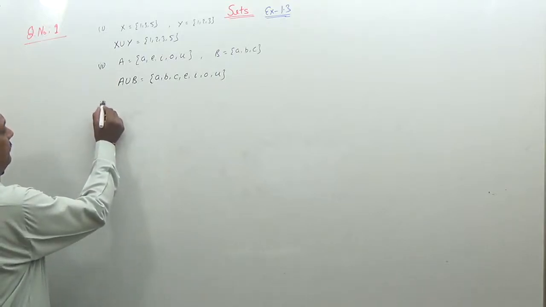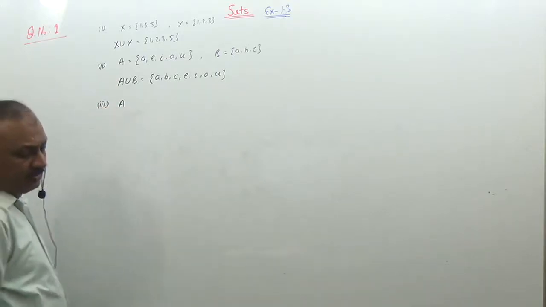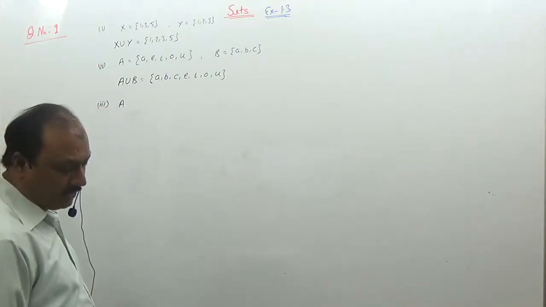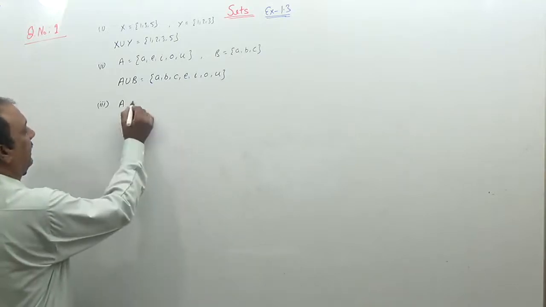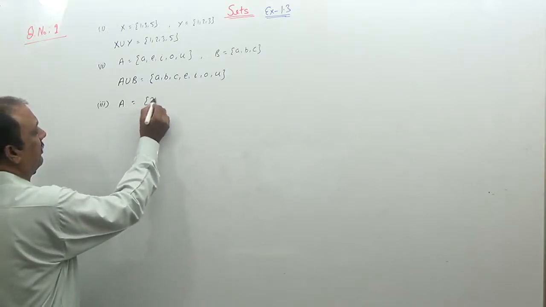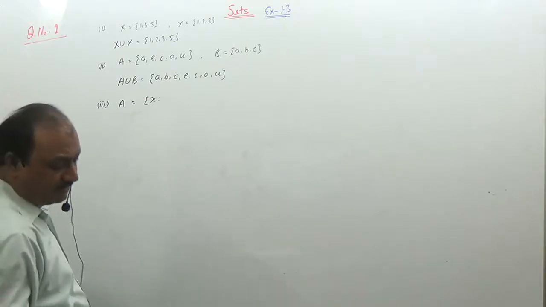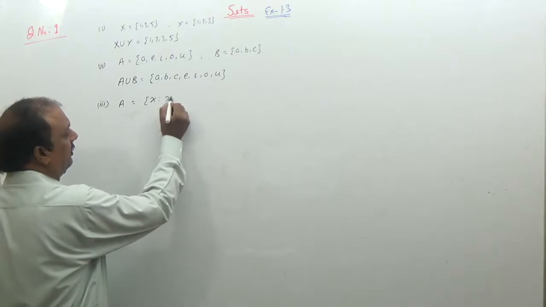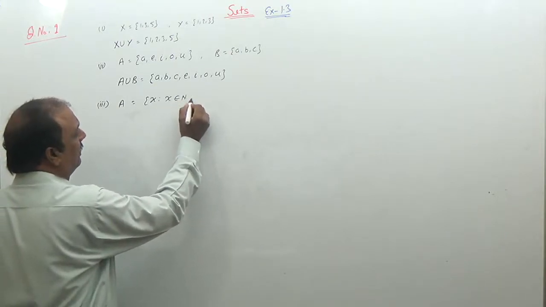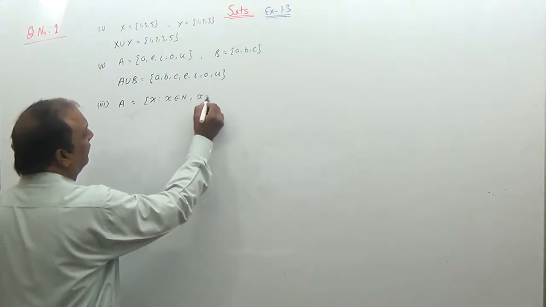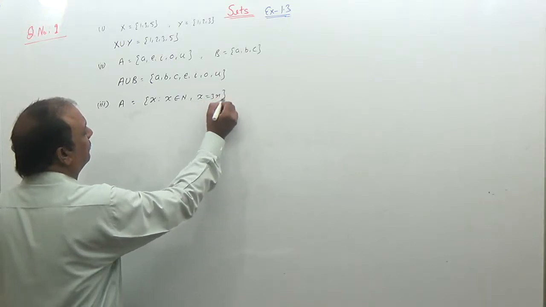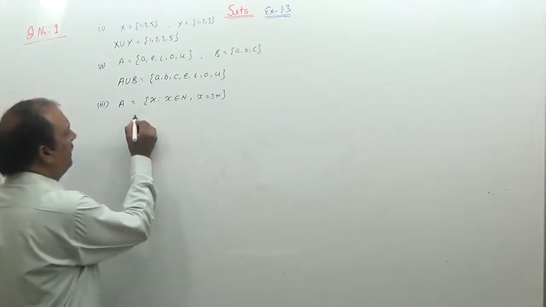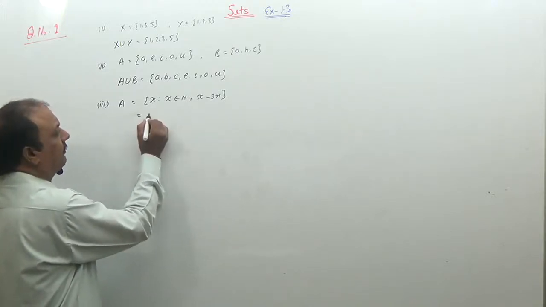Now the third one is given in set builder form. Set A is {X such that X is a natural number and X is a multiple of 3}. First we write down its roster form.